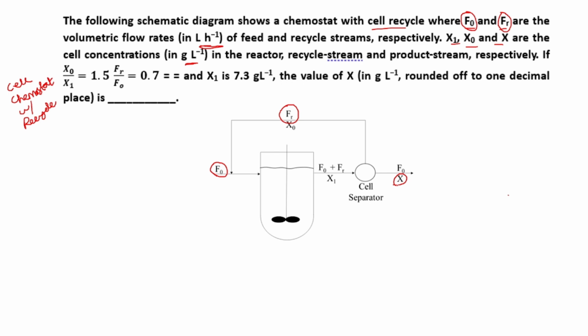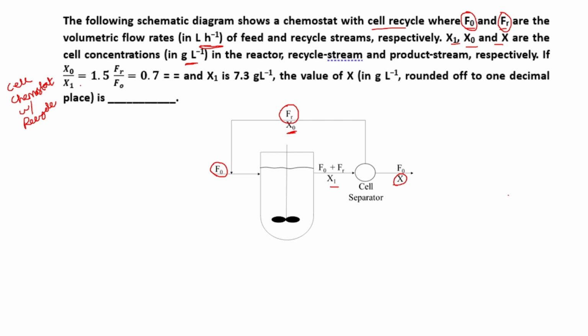What is coming out from the cell separator, this is the x, the biomass concentration, and x1 is what is coming out from the chemostat but is entering the cell separator. So this is in between the chemostat and the cell separator, and x0 is what is in the recycle stream, so it is getting recycled back into the chemostat from the cell separator. So these are three different concentrations of biomass present in three different streams, and these units are grams per liter.